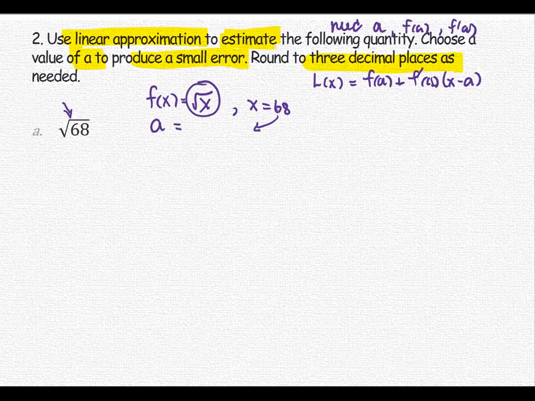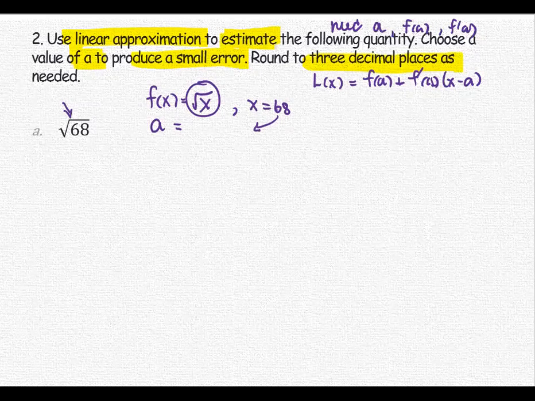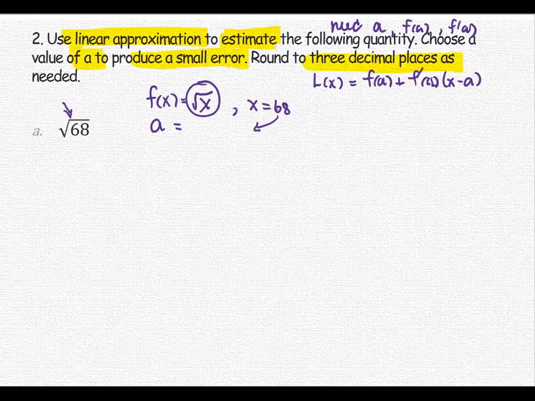You can choose any value of A as long as it is close to the value 68. But the key is to make it convenient to find the linear approximation value.